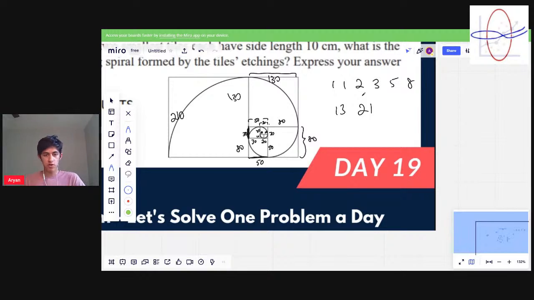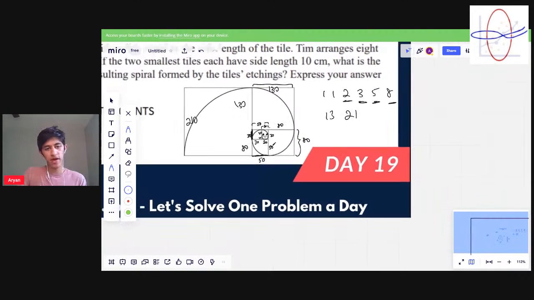Fibonacci numbers, for those of you that might not know, is the sequence of numbers where each term is found by adding our previous two terms. So 1 plus 1, you get 2. 1 plus 2, you get 3. 2 plus 3, 5. 3 plus 5, 8, and so on. That makes sense, because looking at this diagram, all we're really doing is adding the two previous tiles to get to our next tile.